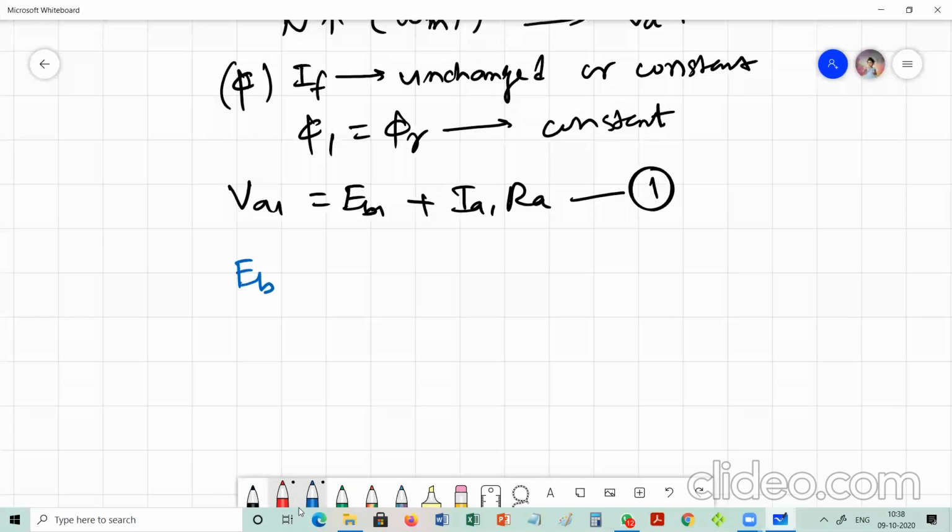We know that EB1 is equal to KE phi 1 omega m1.